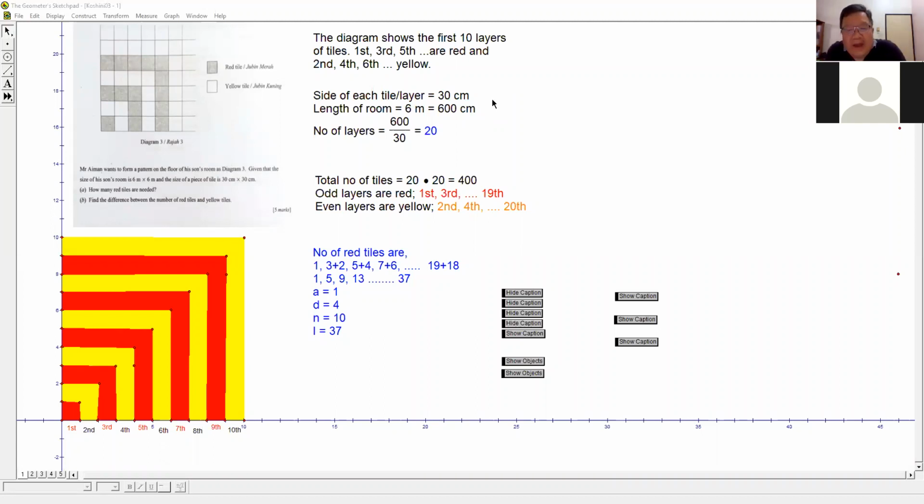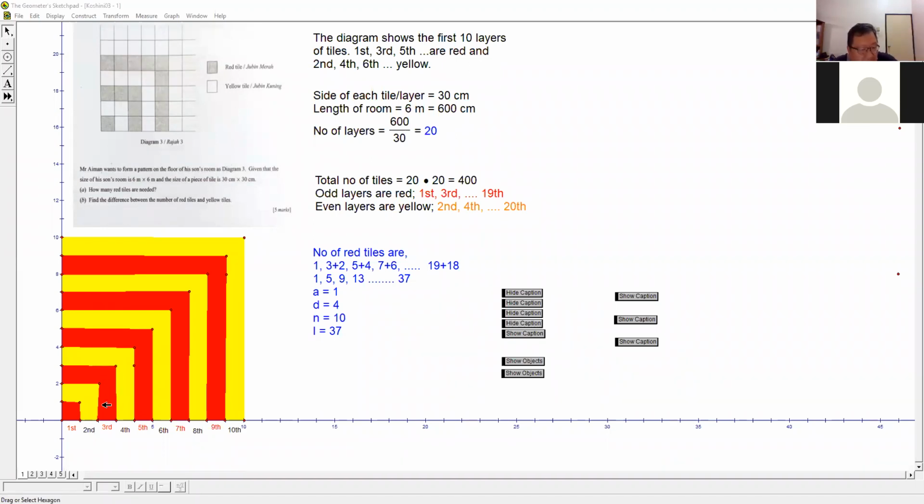Okay, now coming back to the red tiles. Now the first has only one red tile. Then the second red tile, which is the third layer, you can see here the third layer is 1, 2, 3. Here they are all together 3. 1, 2, and 3. There are 3 tiles horizontally until here.